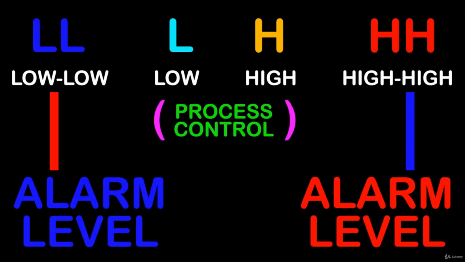Sometimes it's critical, sometimes it's a safety related issue. Other times it's just useful for an operator to know that something's out of control. Either way, this is a very critical consideration to make when you're programming a PLC.